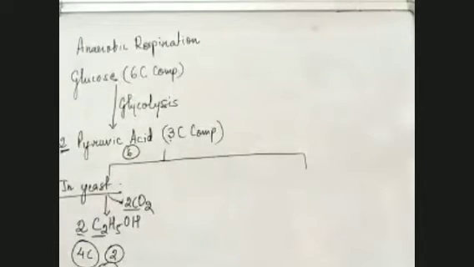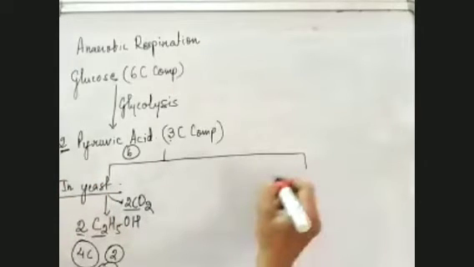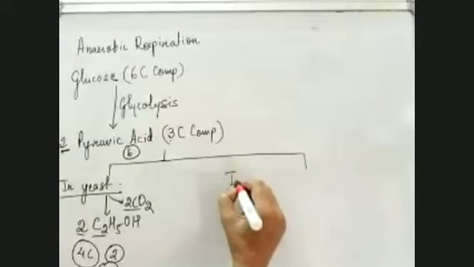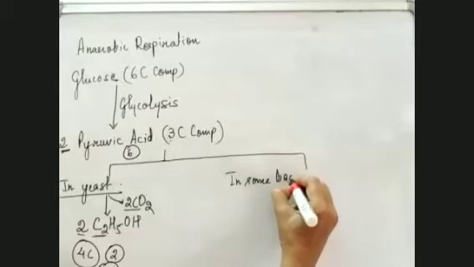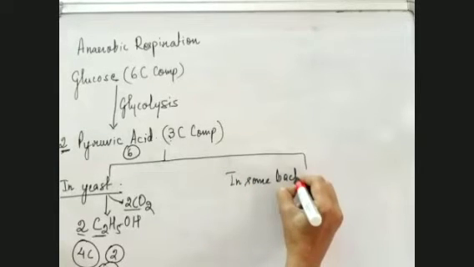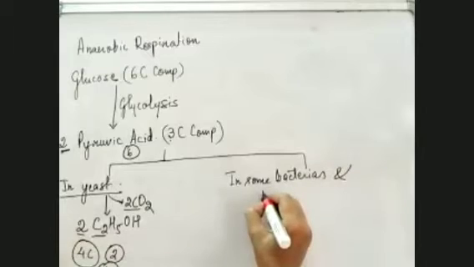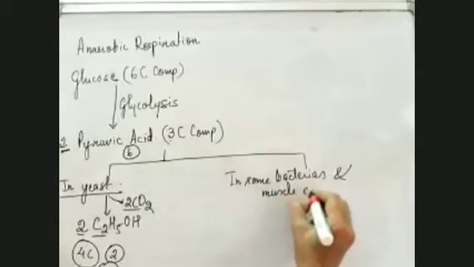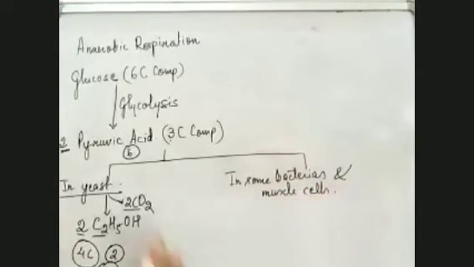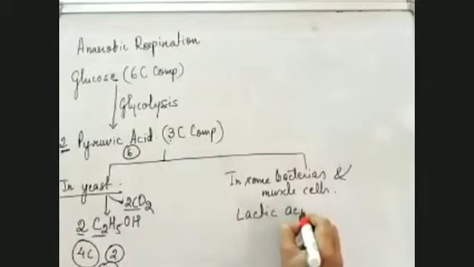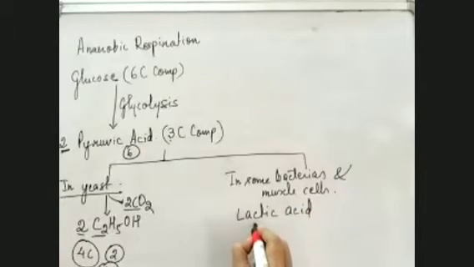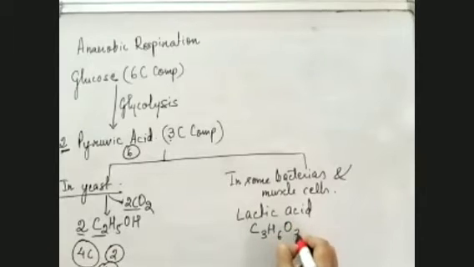And what happens in some bacteria and muscle cells? This pyruvic acid forms lactic acid, the formula for which is C3H6O3.